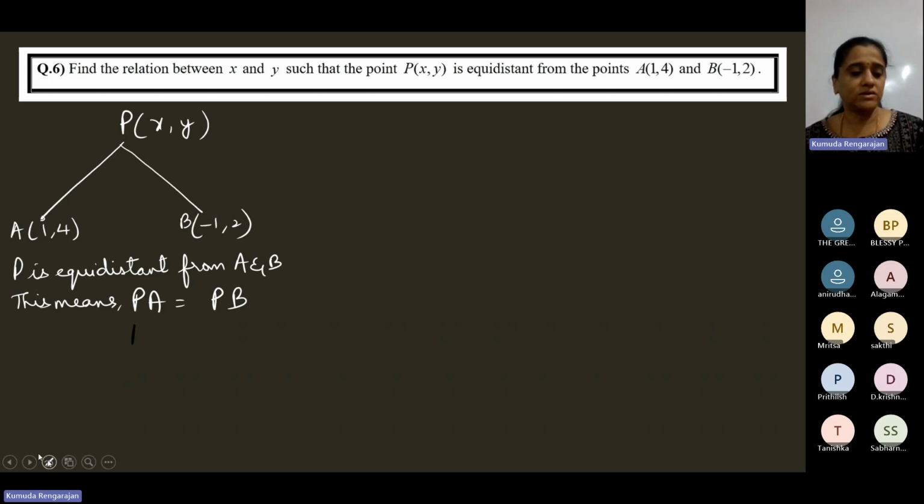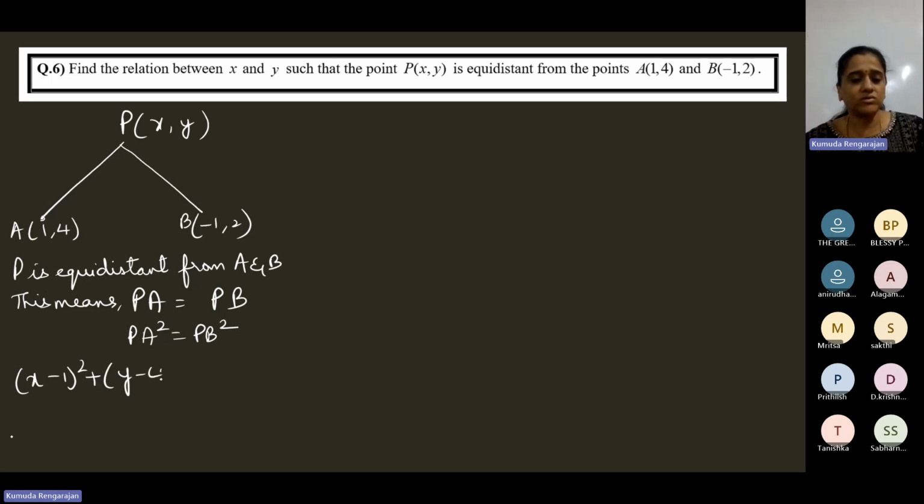PA, sorry. So we have PA using the coordinates of P and A. So x minus 1 the whole square plus y minus 4 the whole square is equal to x plus 1 the whole square plus y minus 2 the whole square.